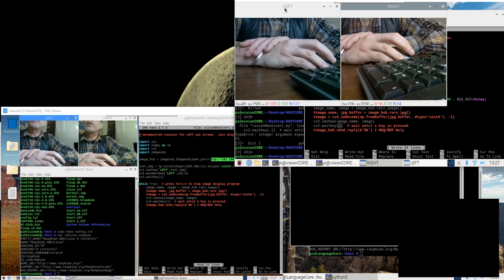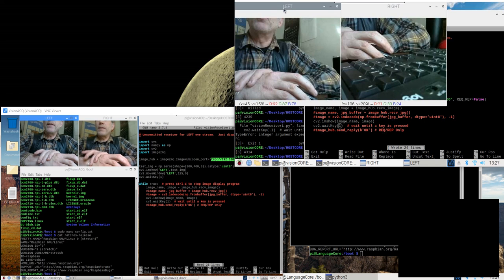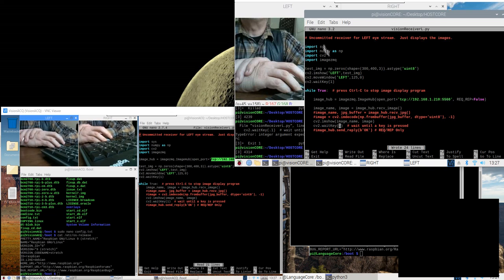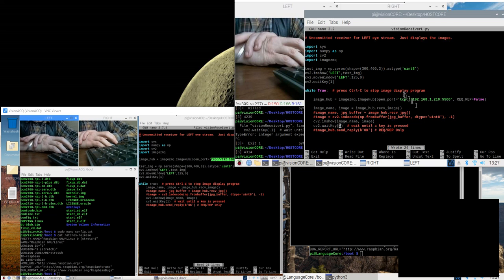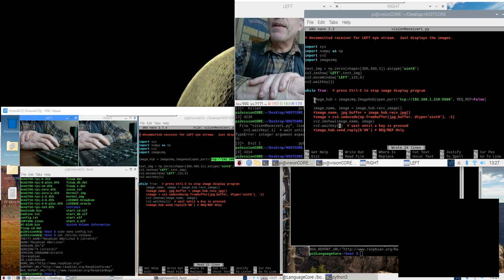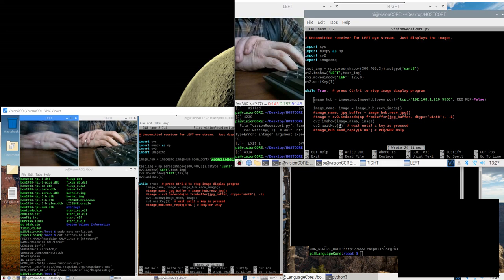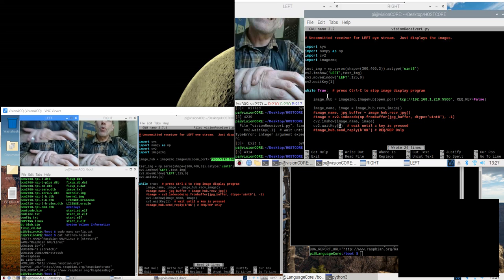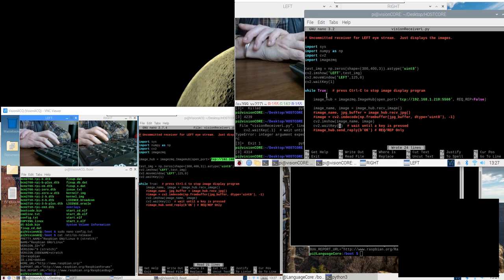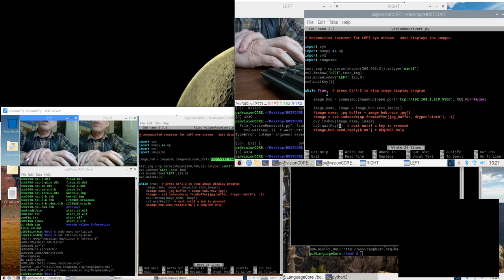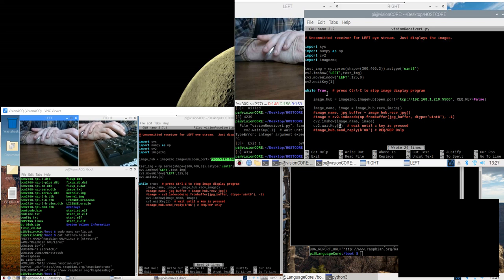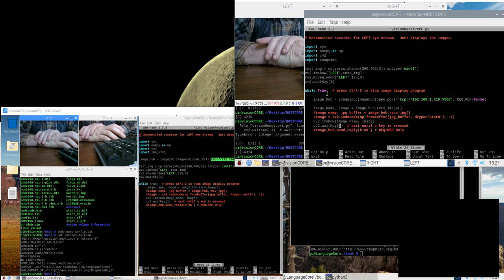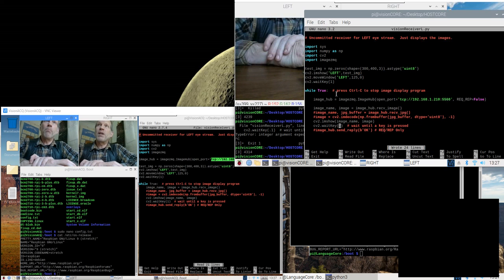So now let's move our attention to the upper right. What we have going on here, again, is the same code. The only difference is that on this one I have moved the image hub instantiation inside the loop. This is what I was working on with Jeff Bass, the creator of ImageZMQ, to get around the frame backup queuing that was happening, that was crashing with the images in the pub-sub mode.